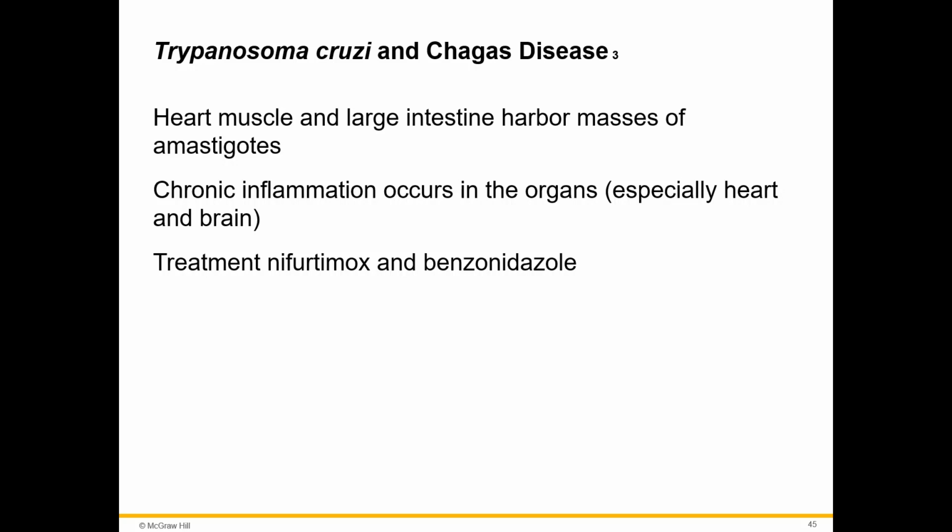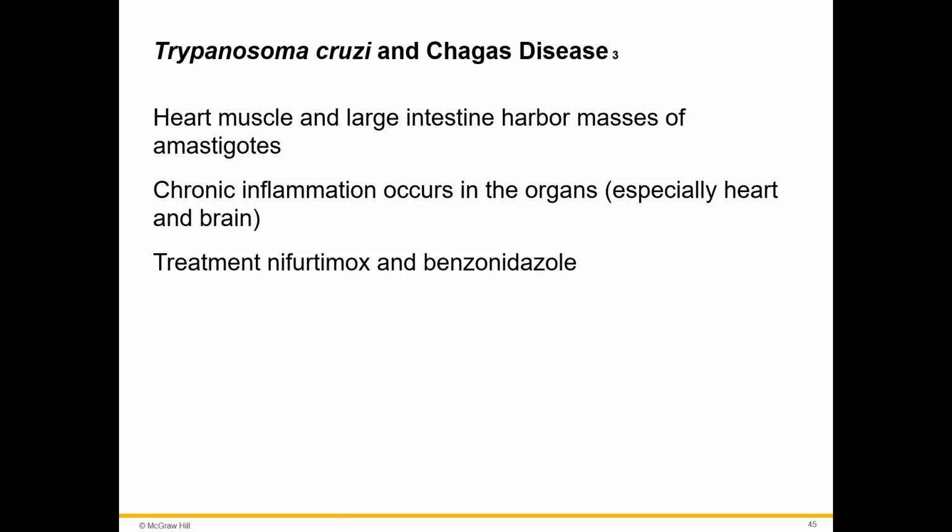So you'll also be getting problems in your large intestines, where they're gonna be having these masses of the amastigote phase of this protozoan. And so what happens when you get an infestation of these is you can get chronic inflammation occurring in your organs, particularly your heart and your brain. And the way you would treat this is with these parasitic medications, which is nifurtimox and benznidazole.